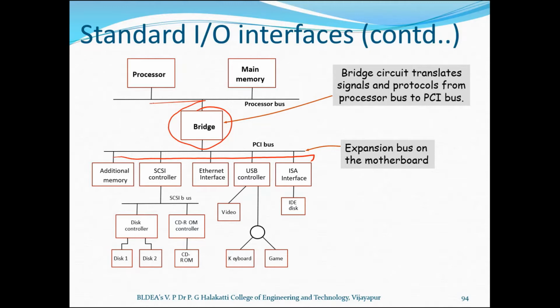So the bridge is between the processor bus and the PCI bus. This bridge circuit translates signals and protocols from the processor bus to the PCI bus. To the PCI bus there are additional memories, SCSI controller, Ethernet, USB, ISA. We have learnt it in the previous video.